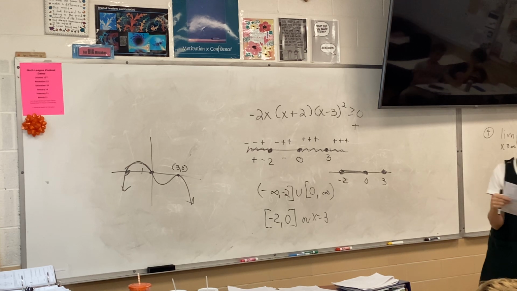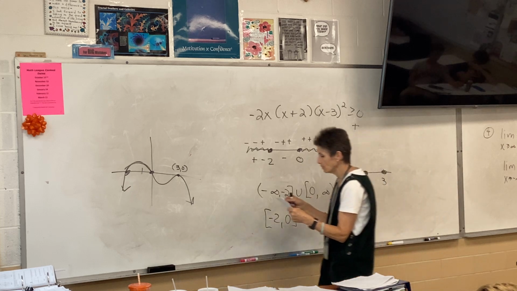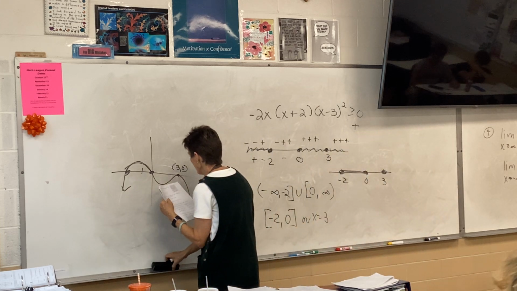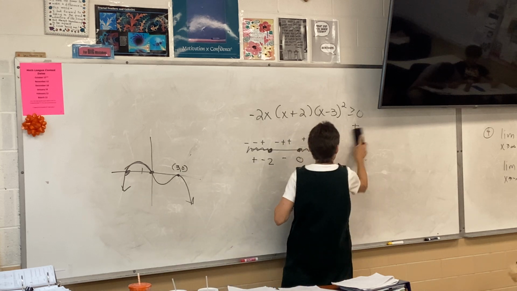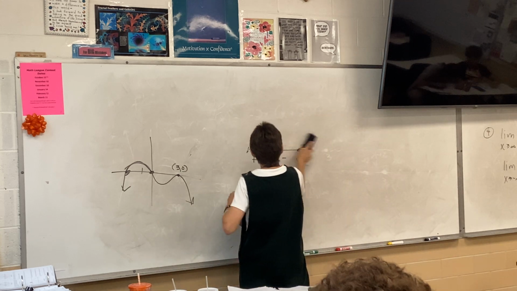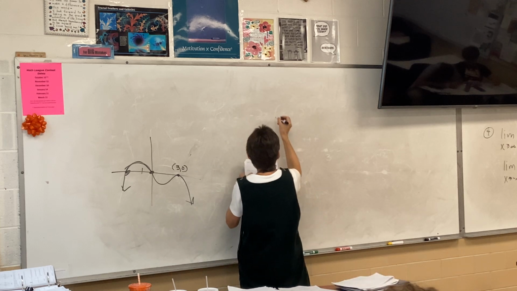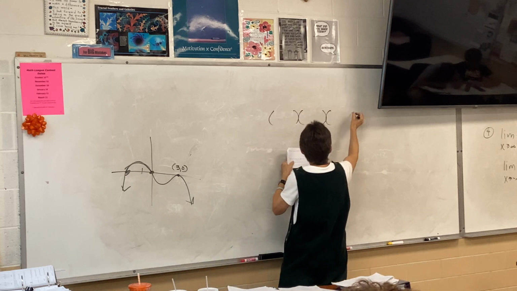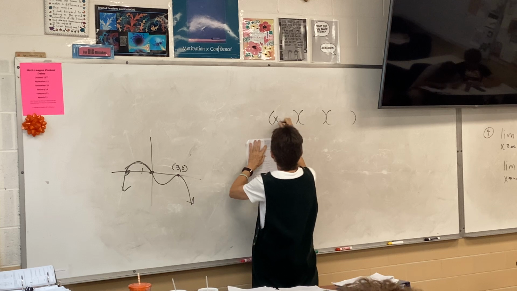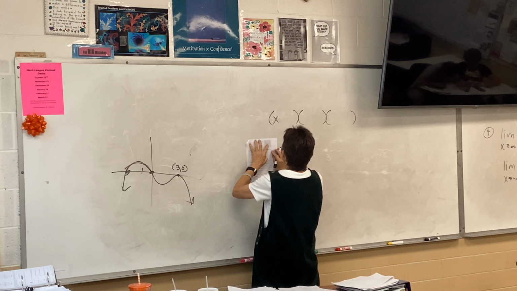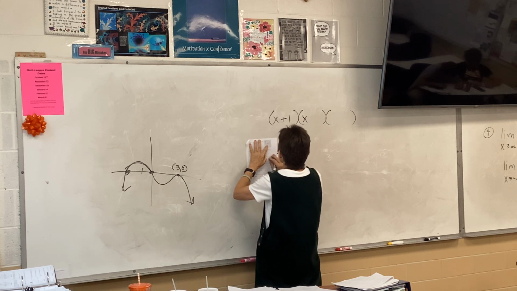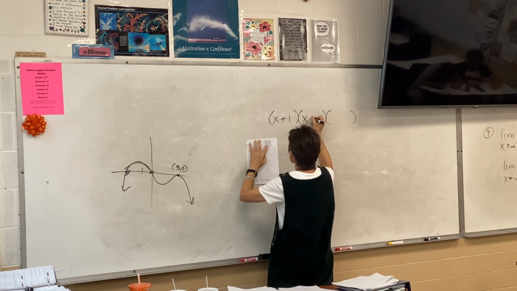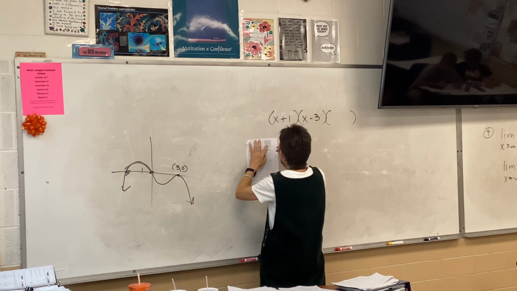All right, this is what we practiced last time. Write a possible equation for this. A possible equation. So let's start with our factors. What will our factors be? x plus 1, okay, got that one. x minus 3, okay.